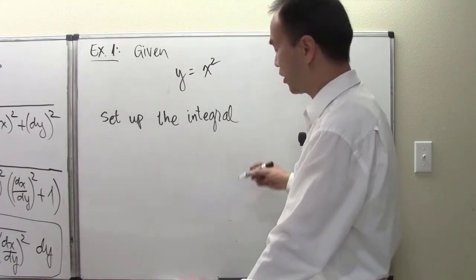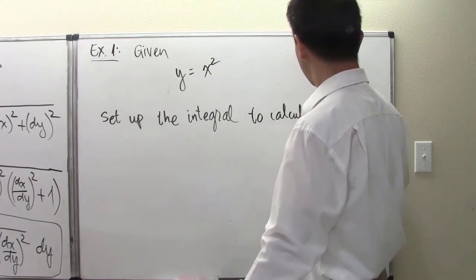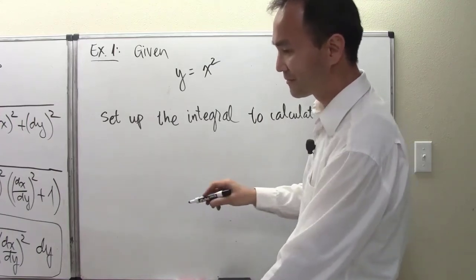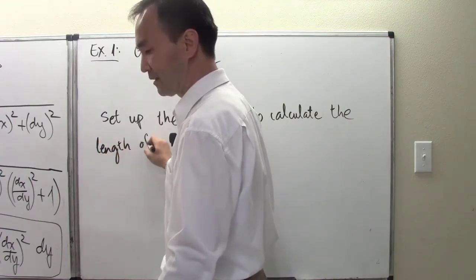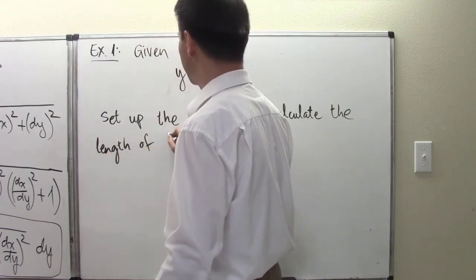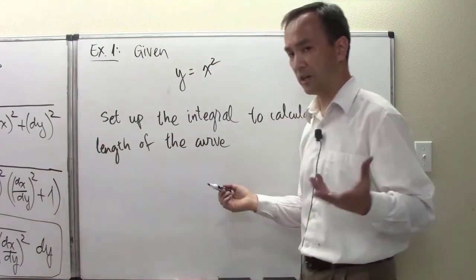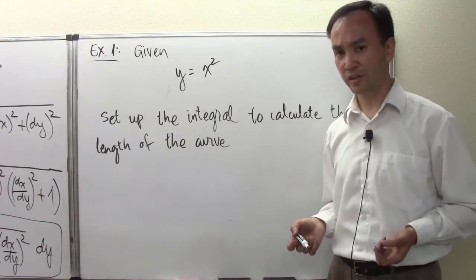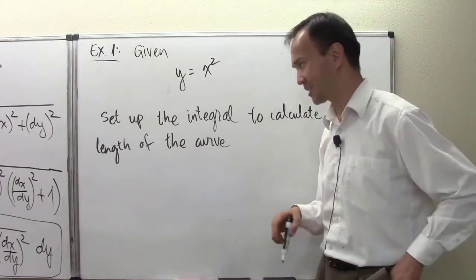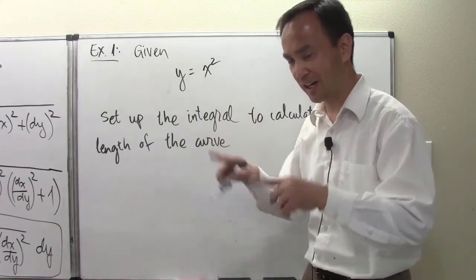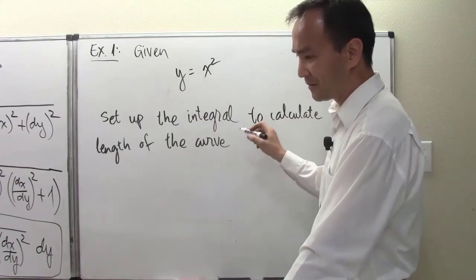Okay, set up the integral to calculate the length of the curve. Okay, so when it's in practical situation, I tend to use the word curve over the word arc like that, but it's the same. It's just basically the arc length. So set up the integral to calculate the length of the curve.